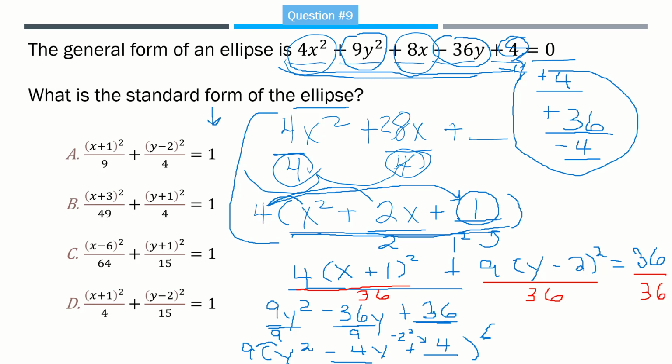So on the right hand side, we'll see that this is 1. So we're good there. I'll just move backward. 9 goes into 9 once, and 9 goes into 36 4 times. So this part is going to be y minus 2 squared over 4.